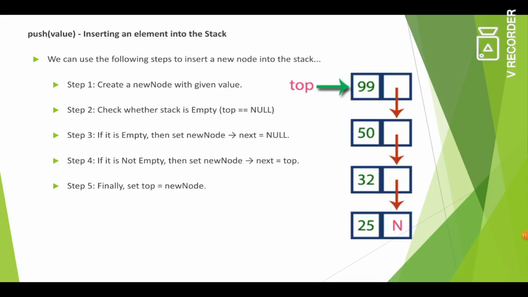If the stack already contains some elements, then you have to set the new node of next to top, and now the new node is inserted into the already existing stack, and you have to make the new node as the top.